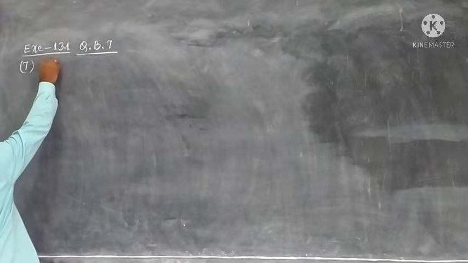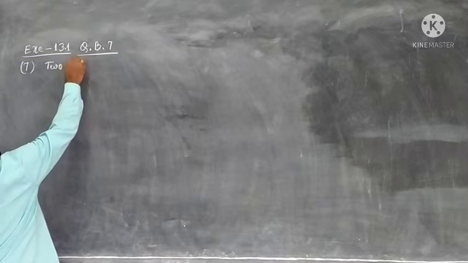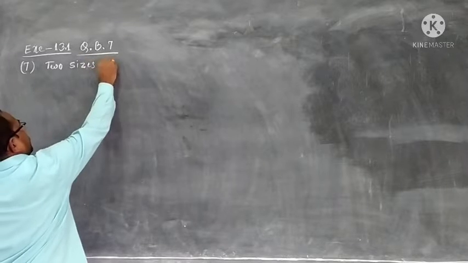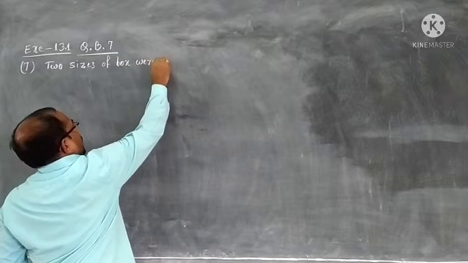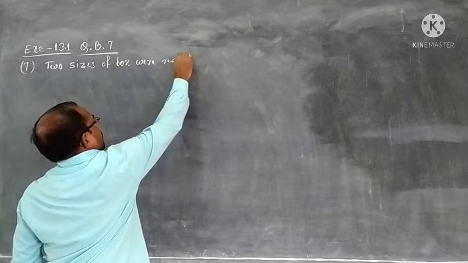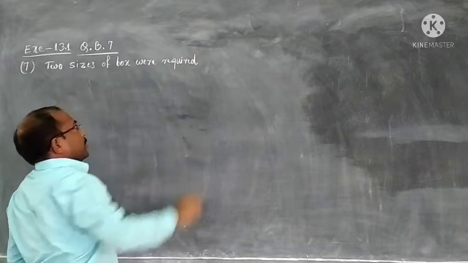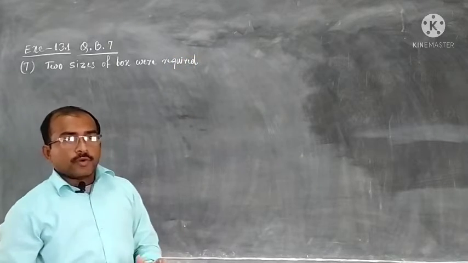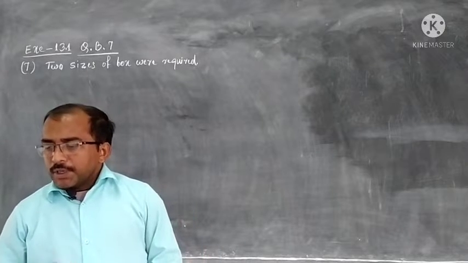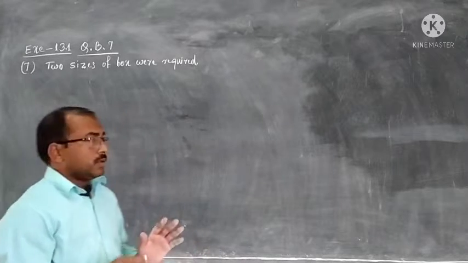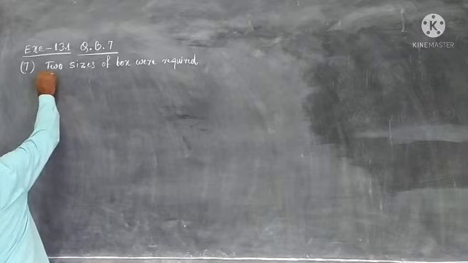First of all, two sizes of box were required. Remember, this is an order for making boxes for sweets. The bigger box, let us write down its dimensions also.